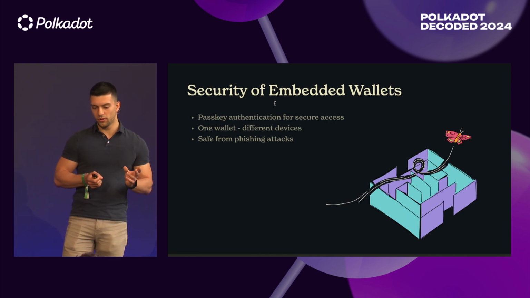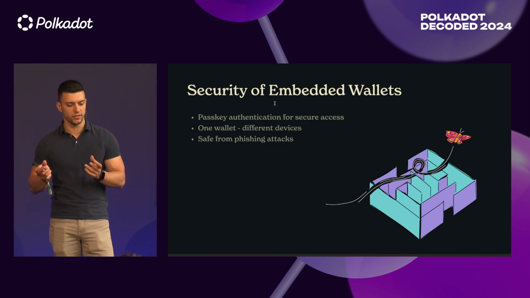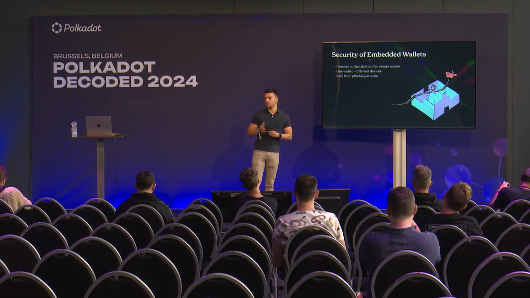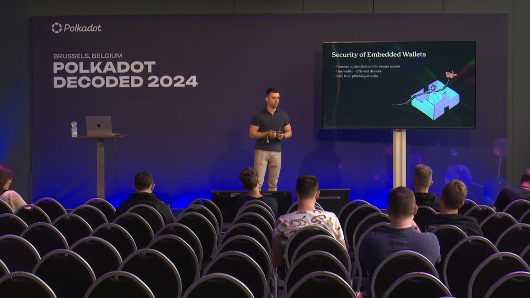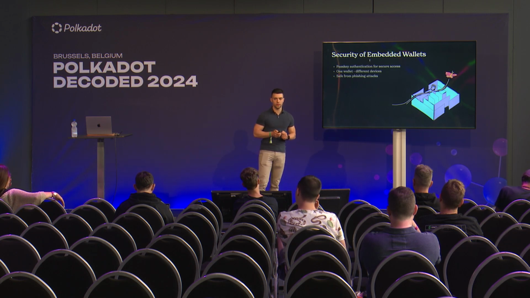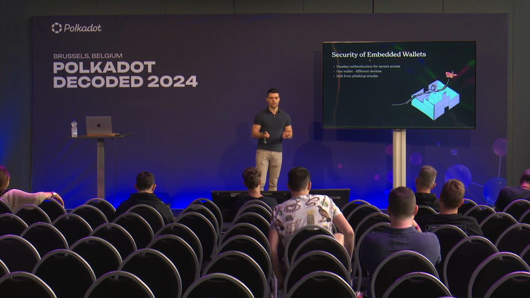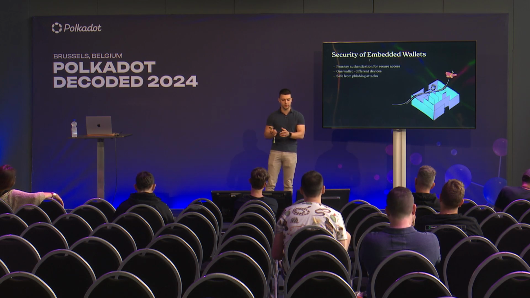This gives us multiple benefits other than the inherent security of the biometric data. So with this method, let's say you get a new laptop or a new mobile phone and you want to set up the same wallet that you had on the previous device. Normally, you need to look for where you've stored your passkey, your private key or your seed phrase, and import it onto the new device.